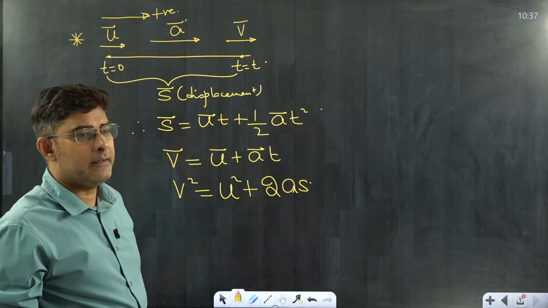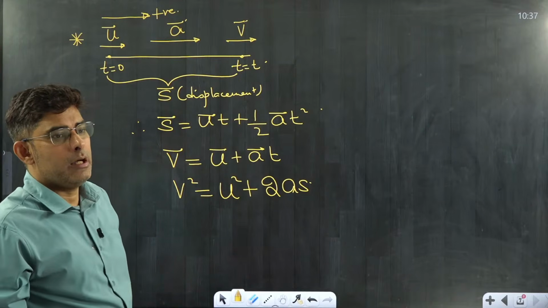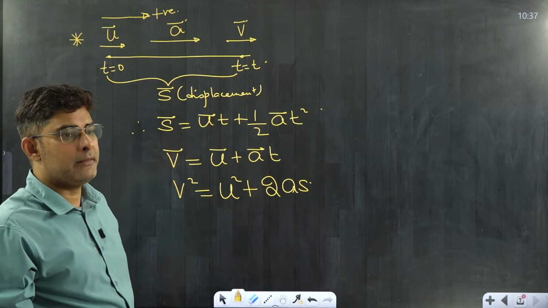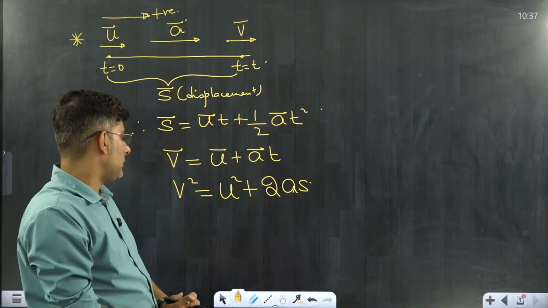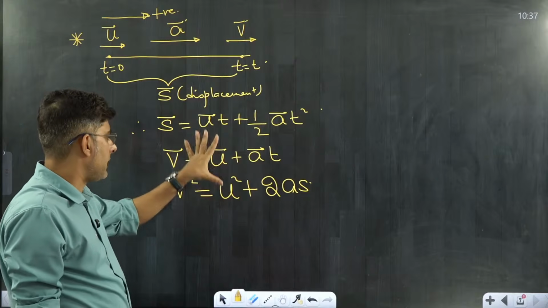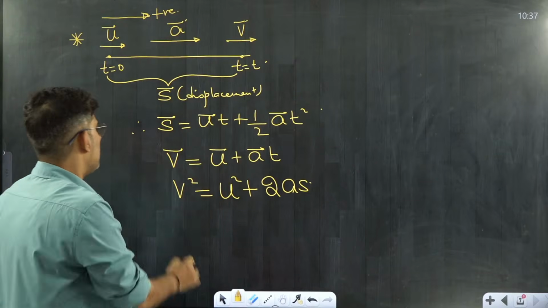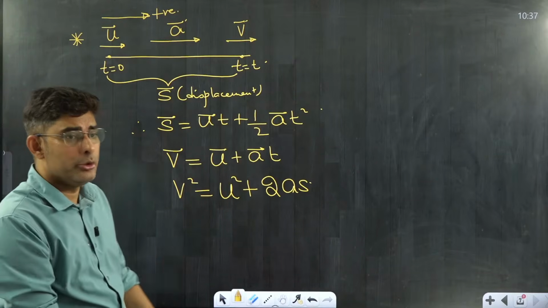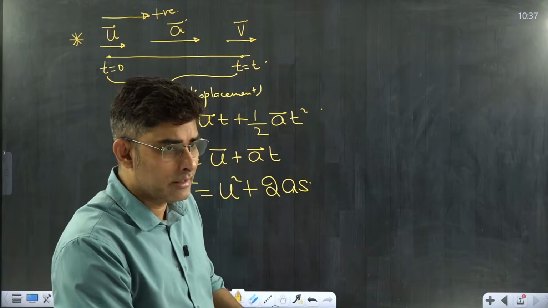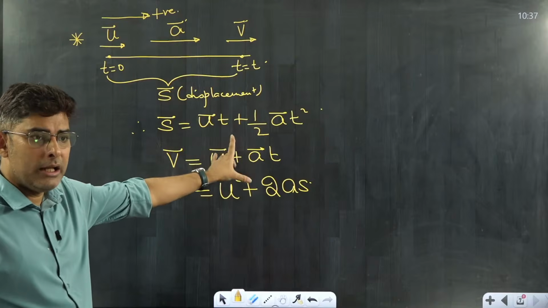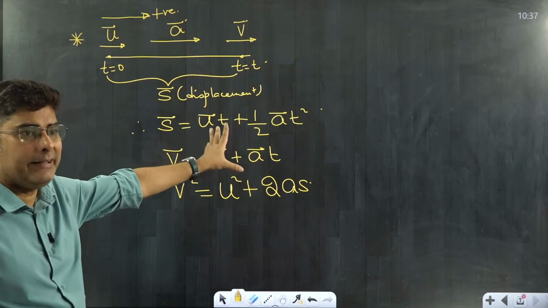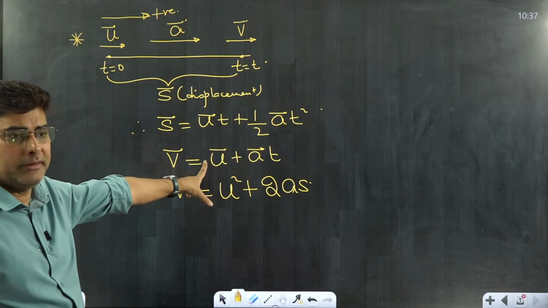These are the three important equations of uniformly accelerated motion on which questions are solved. These formulas you have seen earlier in 9th and 10th also. Is it clear to everyone?